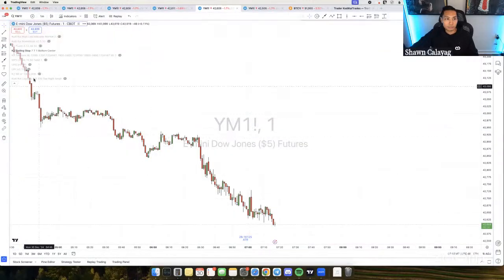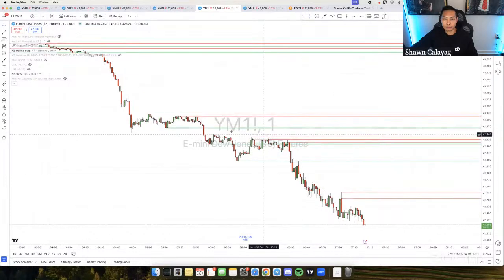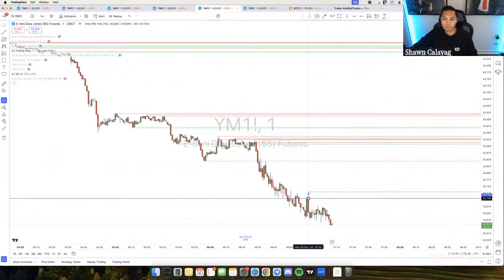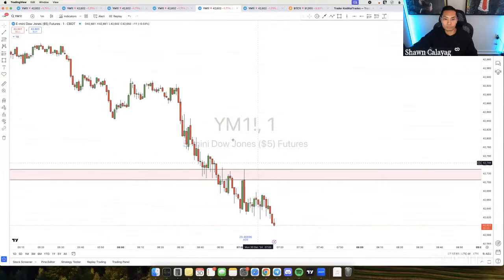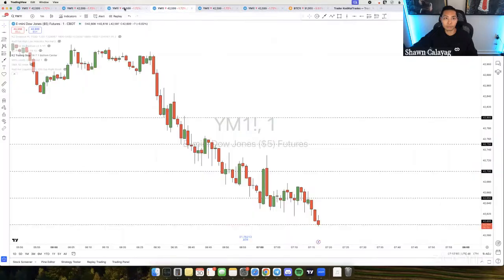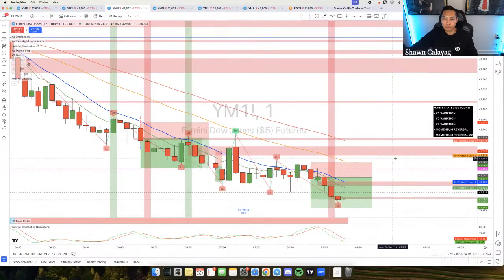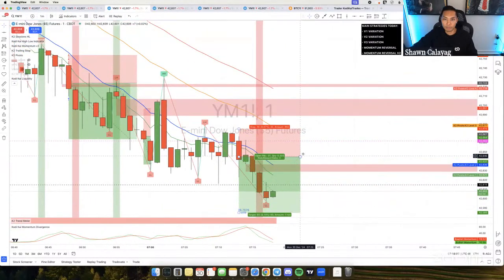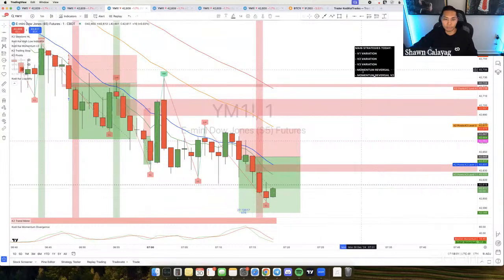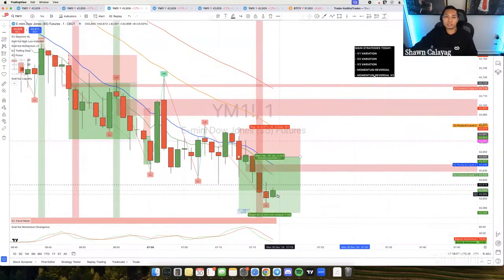Here's the SR chart. Price still dropping from there. All right, so we got a breakout V3 continuation that came up right here. Breakout V3 continuation is not one of my main strategies for today, so I'm not looking to take it.